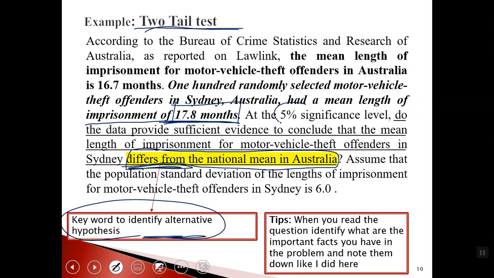They have given their alpha. Always, significance level means alpha. And mu naught, where is the mu naught? Australian is 16.7. This is your mu naught.